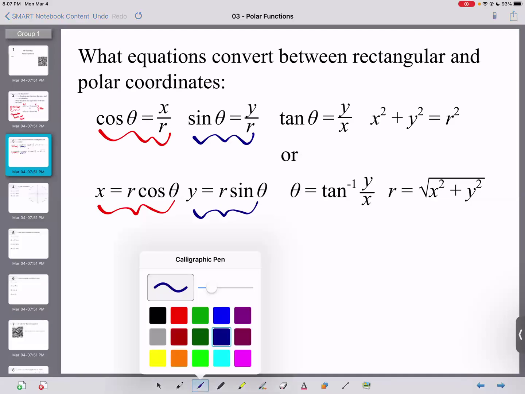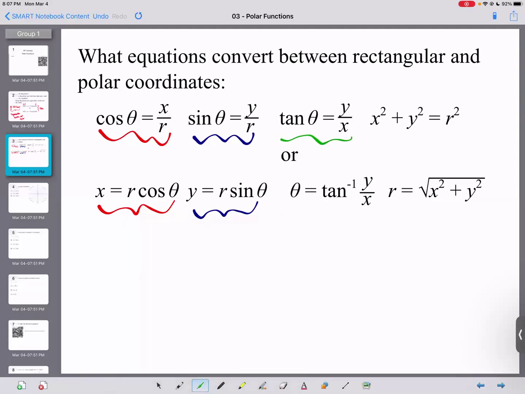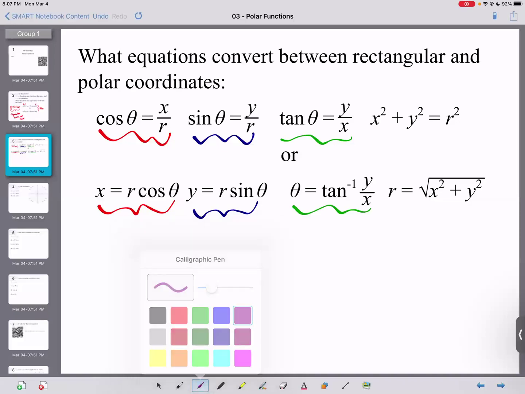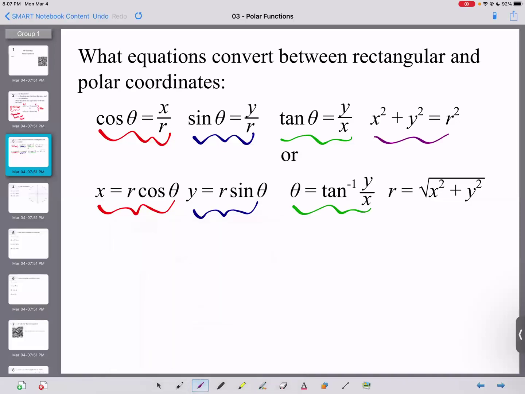Now, when it comes to the tangent function, how we manipulate that one is we would take an inverse if you needed to isolate the theta. So those two correspond. And then finally, if you wanted to solve to get r isolated in the last equation, all you do is take the square root. Okay, so there's the basics of how we're going to convert from one form to another if we need to do so, which we will tonight.